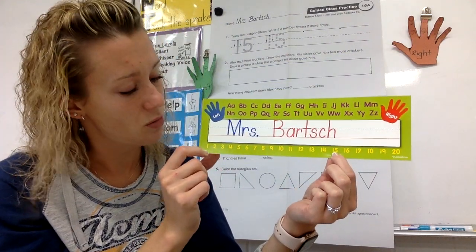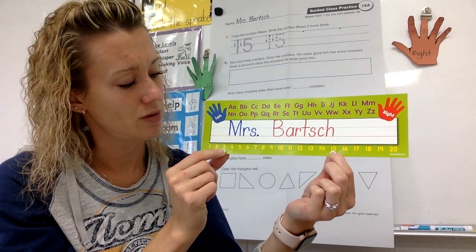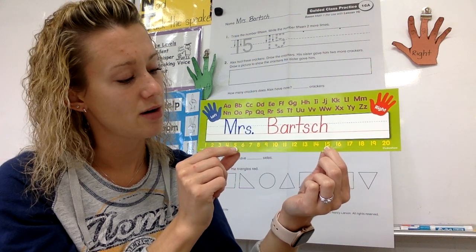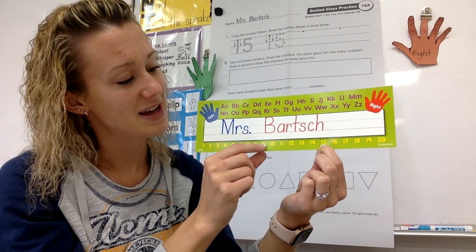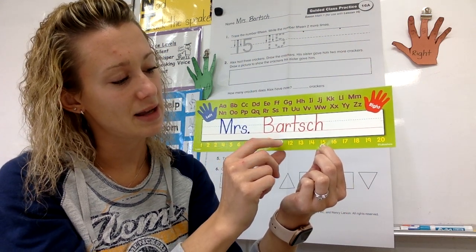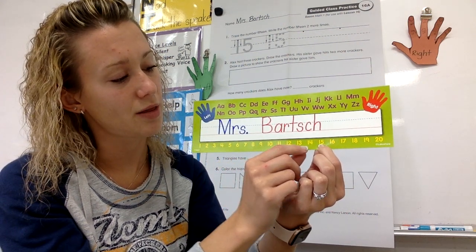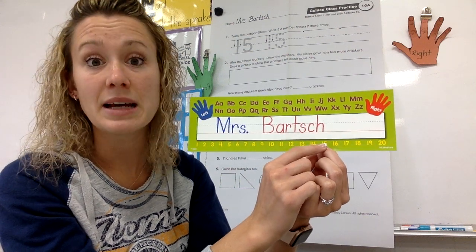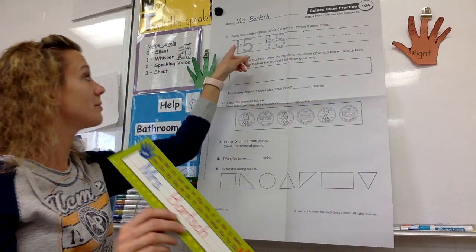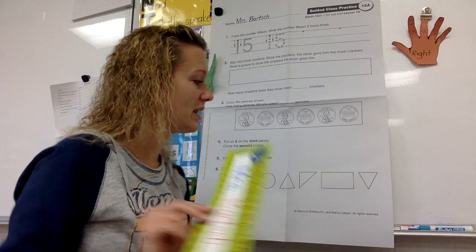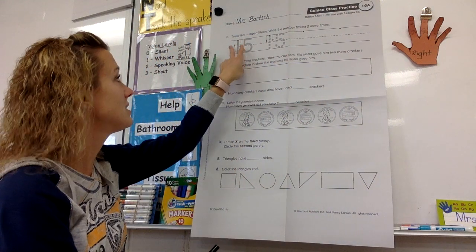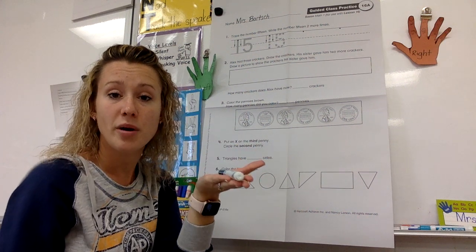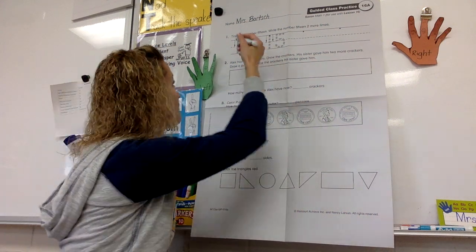Start at 1. Ready? Go. 1, 2, 3, 4, 5, 6, 7, 8, 9, 10, 11, 12, 13, 14, 15. This is the number 15. A 1 and a 5 makes 15. So what I want you to do is trace these two 15s and then park your pencil. Go.